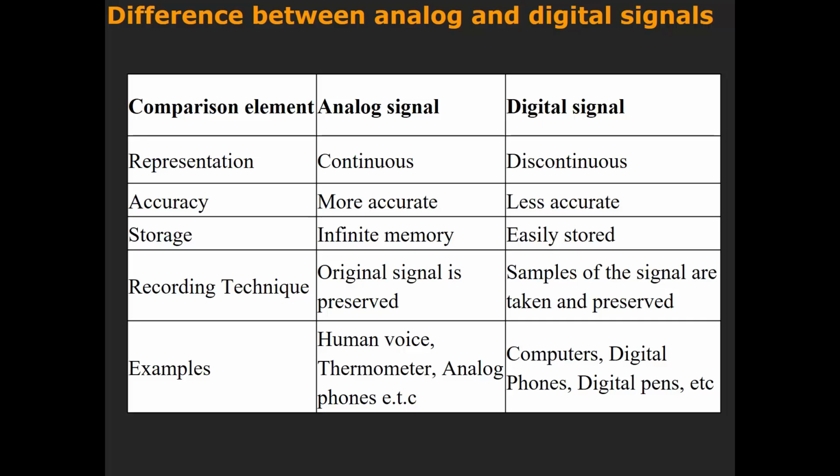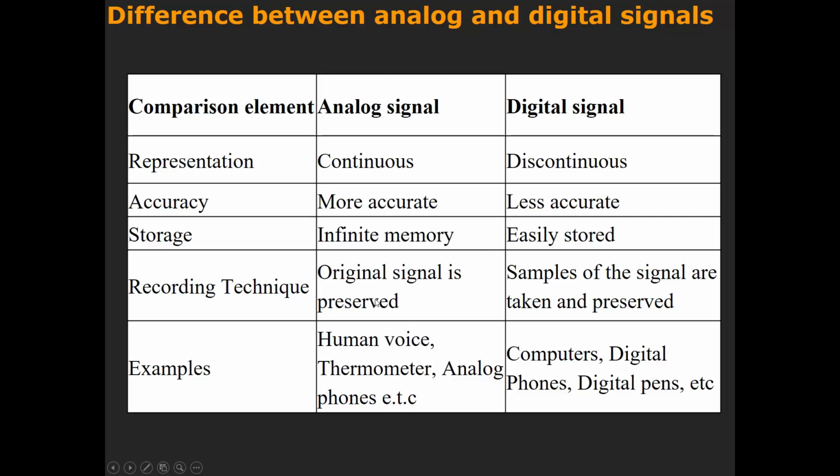So if we are going to compare between analog and digital signal, the analog signals are continuous in nature while digital signals are discontinuous, so they consist only of a set of samples. Analog signals are more accurate since they have an exact value at every point of time, while digital signals are less accurate because they are an approximation of analog signal. It needs an infinite memory while digital can be easily stored as there is only a small number of samples as compared to analog signals.